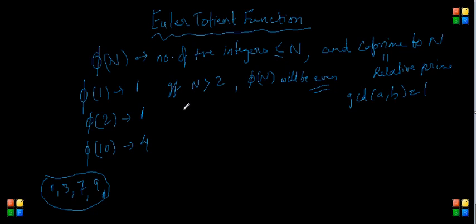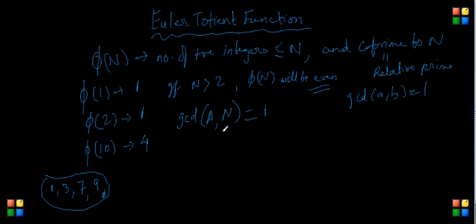To answer that, let's get back to our old powerful algorithm which we discussed a few videos earlier, which was Euclid's algorithm. Let me say that I am finding a number which is co-prime to n. Let's say that number is a. Let's say that a is co-prime to n, and in that case the GCD of both should be 1.